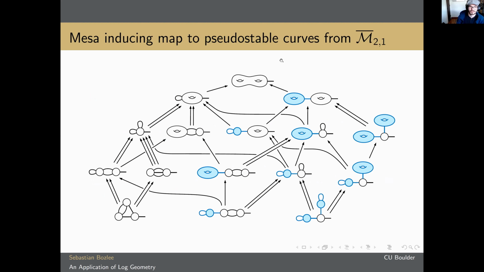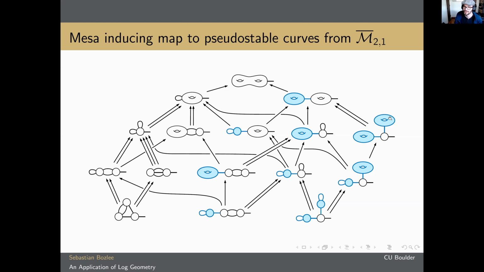So here's our illustration for M21 bar. This elliptic curve has just one special point because it has that one edge. That counts as an elliptic tail. So I've highlighted it to say it's the support of our mesa. Here we can kind of see why we need the automorphisms to be respected, because there's an automorphism that switches these two elliptic tails.